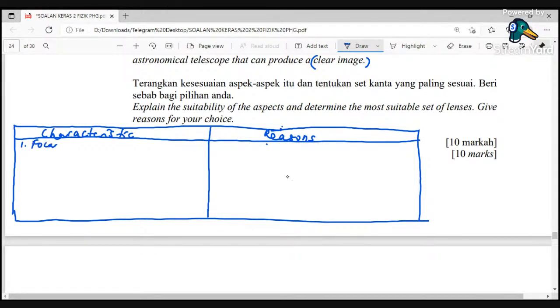Okay, the first characteristic is about the focal length of the objective. The focal length of the objective lens is longer.